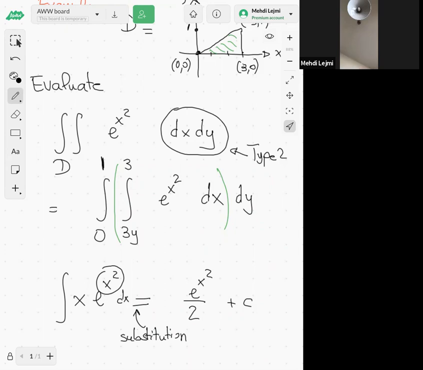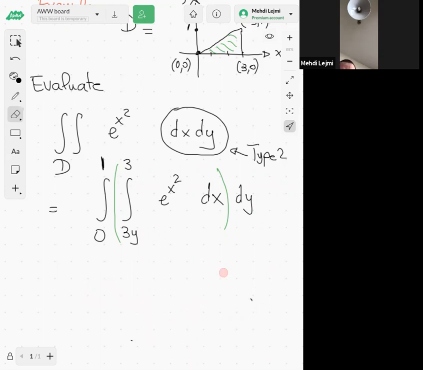Okay. So my claim is that, actually, to compute the antiderivative of e to the x squared, you're going to need a power series. You can try to approximate the antiderivative of e to the x squared, but you cannot express the integral of e to the x squared using just elementary functions.